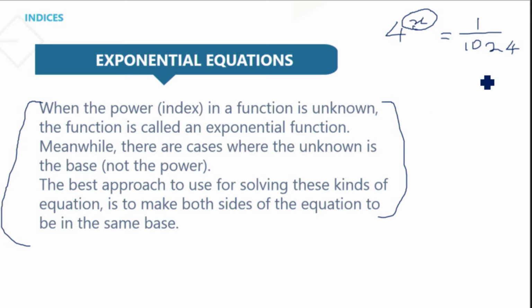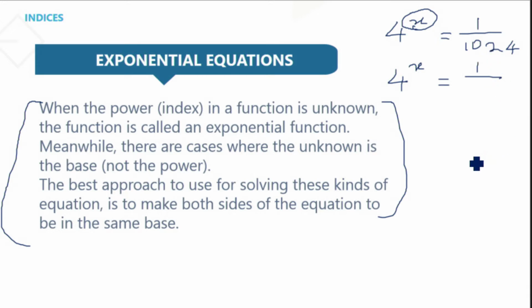So now we're going to try to make this to be in the same base. Here we have 4 raised to power x. Is there any way we can make this side to have the same base with this one? 4 can further be reduced to 2, but let's see if we can write 1024 in base 4. We have 1 over 1024.